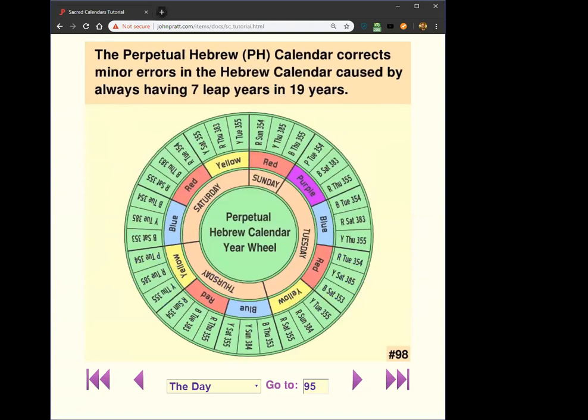And if you notice, each one starts on a common year, 354, ends on a common year, 355, but in the center is a leap year. So these triads have exactly 1 year in 3, which are leap years. We've already learned that's not going to work too well. You need 7 out of 19.